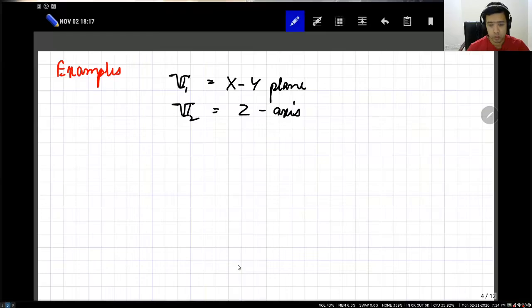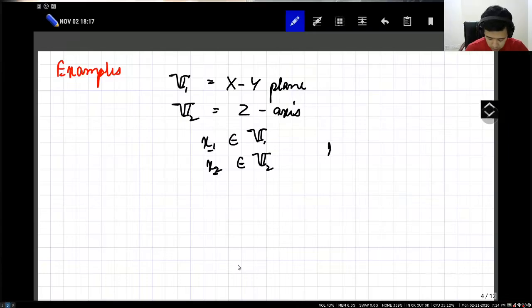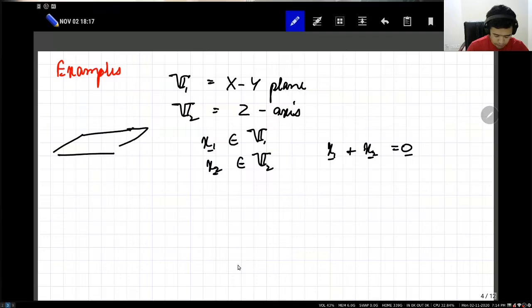If I take any x1 from V1 and x2 from V2, then it's obvious that x1 plus x2 can be equal to 0 only if x1 and x2 are both equal to 0, because if I take the xy plane and something along the z-axis, no matter how I choose two vectors, I cannot make it 0 unless they are both equal to the 0 vector. And this basically just follows from linear independence.